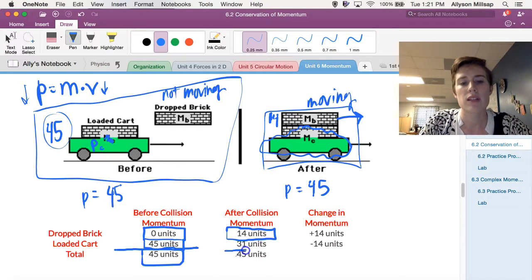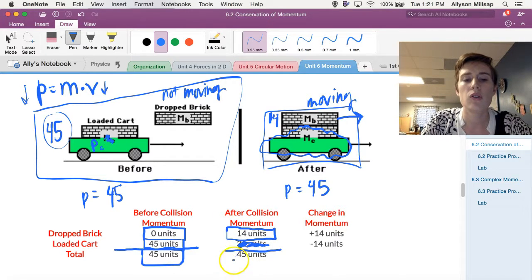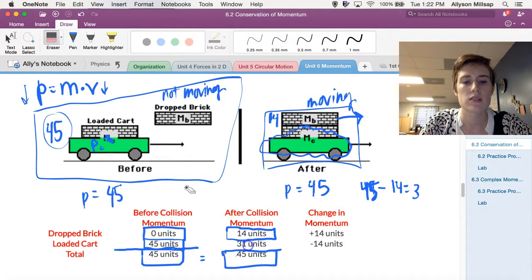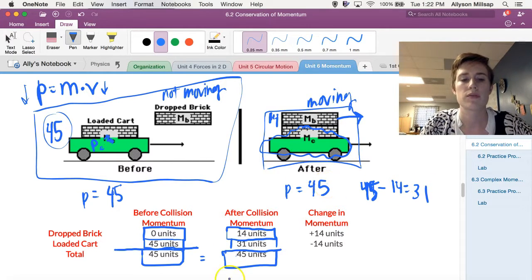So if we didn't know what this was, we could easily subtract because we know that it has to equal 45 because our total momentums have to be the same. So I could say 45 minus 14 will give us 31 units. So that is the momentum of the original cart.